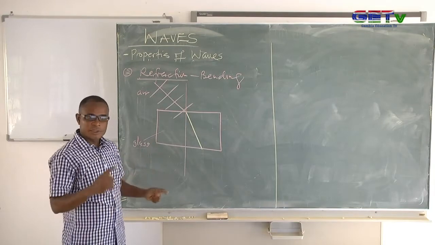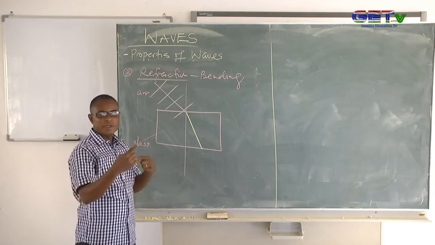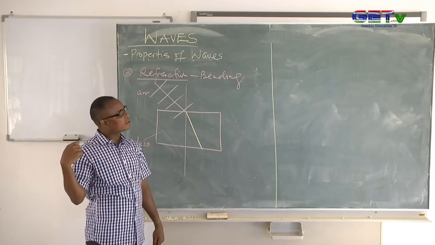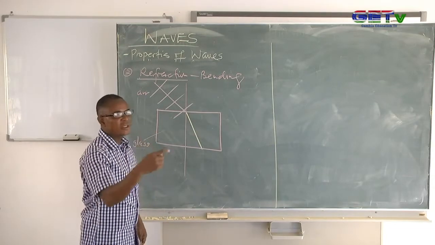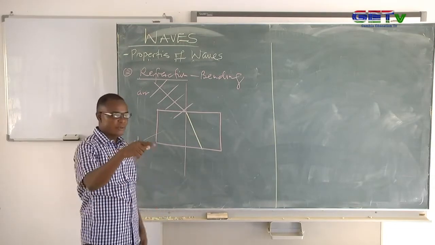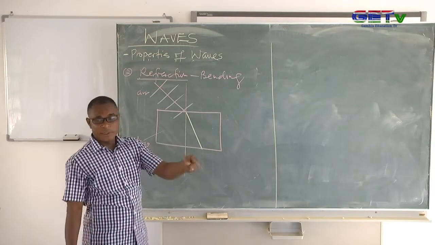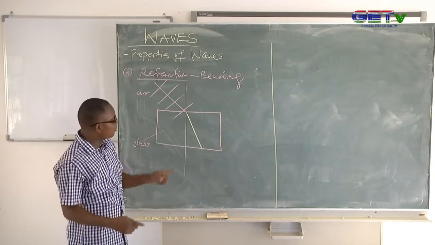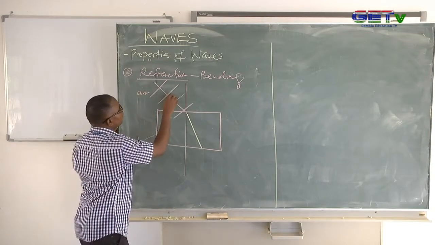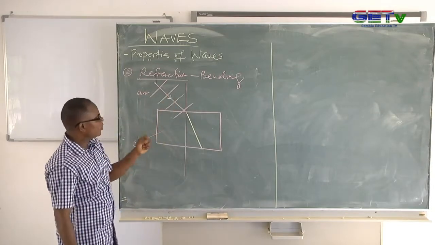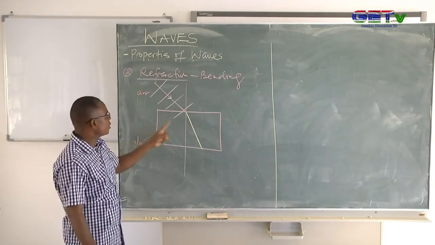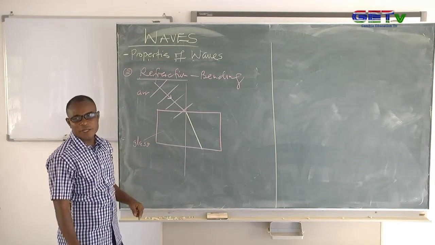You run on the sand because you are in the air. But when you enter the sea, you cannot maintain that speed anymore because you have entered a medium where the density is different. That's the water. When you enter water, you see a different speed. That's what's happening here. When the wave enters a medium of different optical density, you're going to see a difference in the speed. And when the speed changes, then you will see the refraction, the bending.